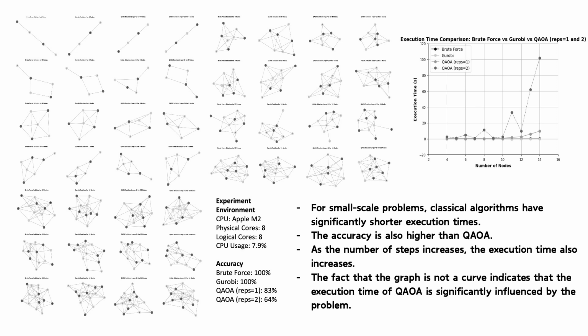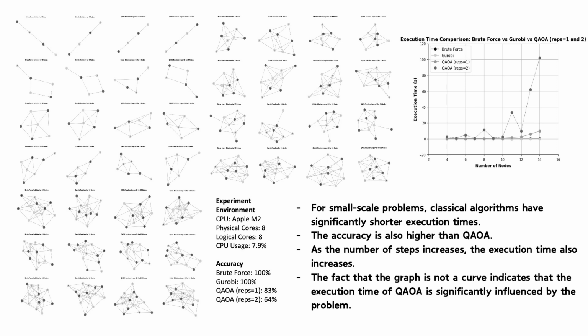First, the comparison between brute force search, Gurobi, and QAOA with 1 and 2 steps. In this experiment, the number of nodes was varied from 4 to 14. For small-scale cost functions like this, classical solvers and brute force search outperform QAOA. Additionally, classical solvers achieve higher accuracy.